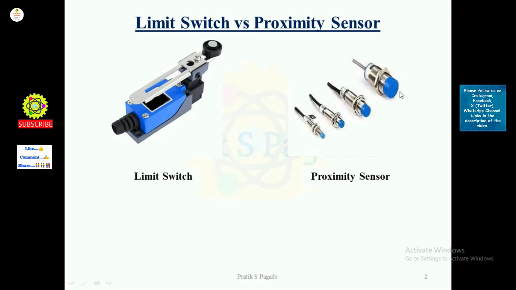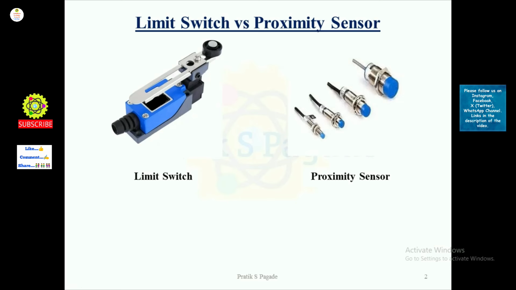And if we go below, suppose this sensing element has M10 OD, then its sensing range will be lower than the first one. For example, an M10 OD proximity sensor will have a sensing range of 5 to 6 mm.